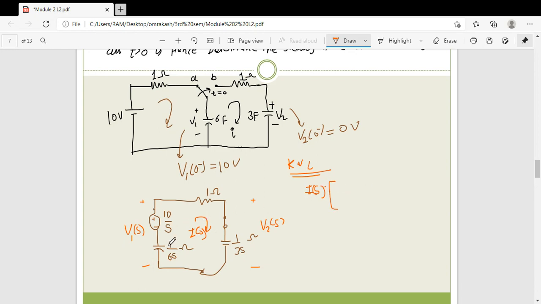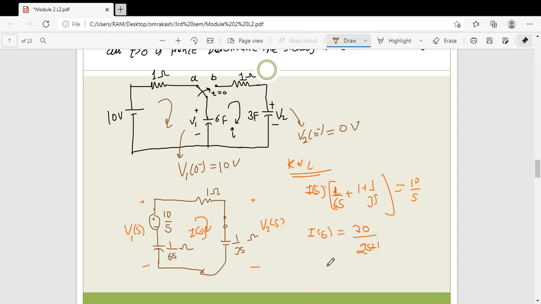So I of s times the sum of the elements: 1 by 3s plus 6s plus 1 plus 1 by 3s, which is equal to your 10 by s, right? 10 by s. Now when you solve this equation, you will get I of s is nothing but 20 by 2s plus 1. Okay, 20 by 2s plus 1.